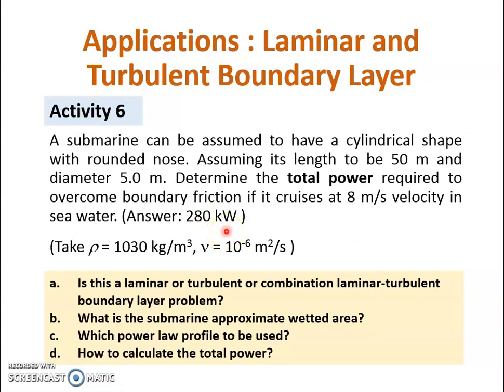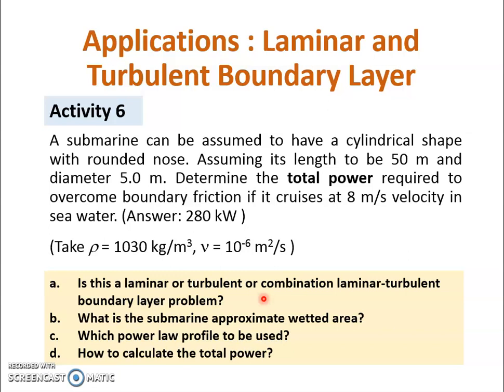Previously I also showed the shape of this submarine. Is this laminar, turbulent, or a combination? When you calculate the Reynolds number, you know it's turbulent. But how do you know whether you want to include the laminar part or not? You find the XT.